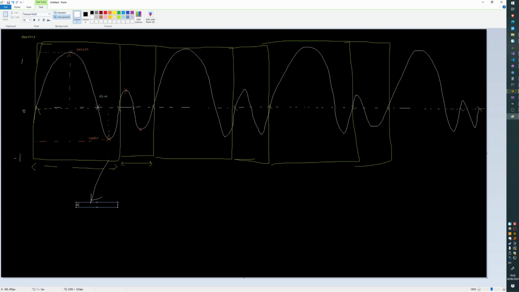It might be like 1 point something, whatever. Because we can see, just by looking at it, that these are not very similar, because one's much smaller than the other.